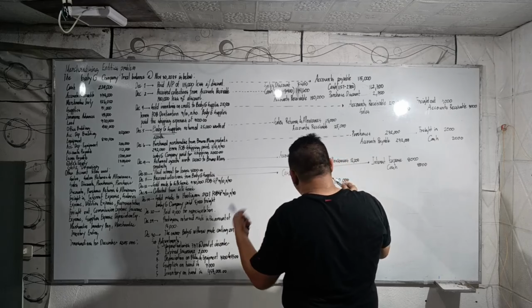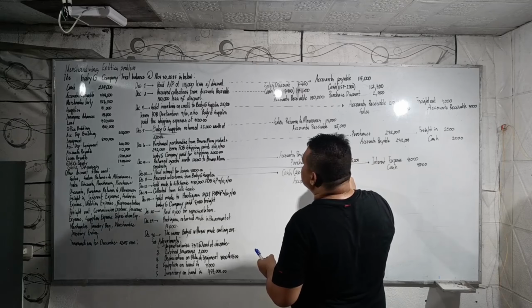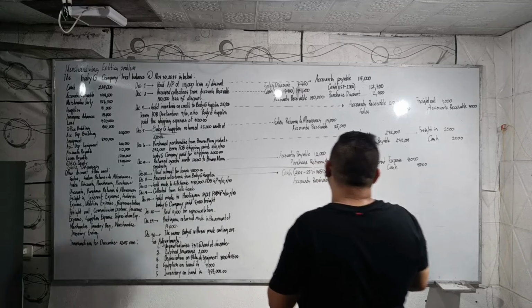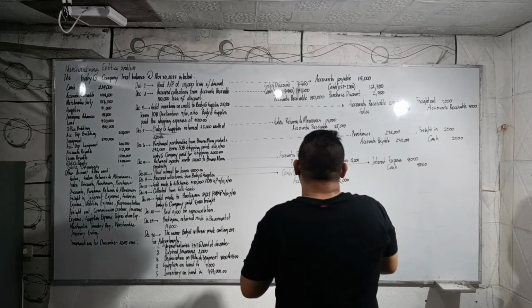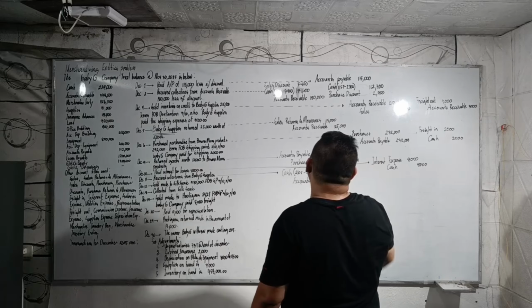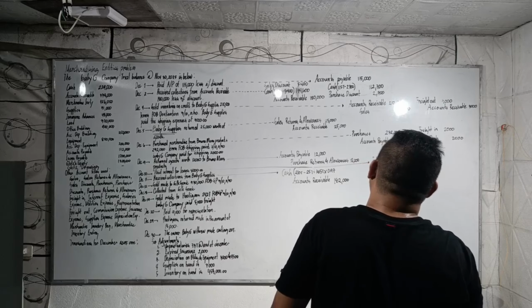Times, if you wanted to shortcut the solution, times 0.97. Okay? Okay, 210 minus 25, we have 185,000 times 0.97.